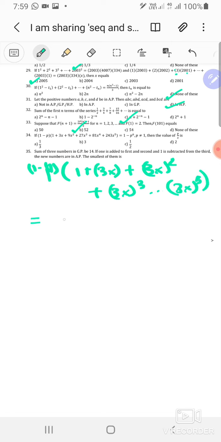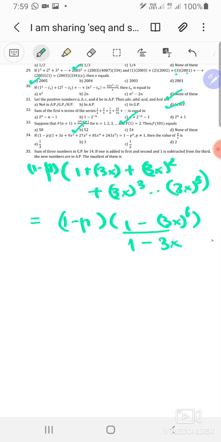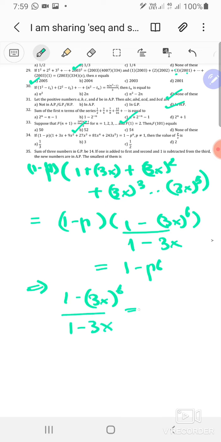This is just (1 minus p) into (1 minus (3x) raised to the 6th power) upon (1 minus 3x). Okay, that has to be equal to (1 minus p) power 6. So (1 minus (3x)^6) upon (1 minus 3x) has to be (1 minus p) power 6 upon (1 minus p), and this looks like 3x should be equal to p.